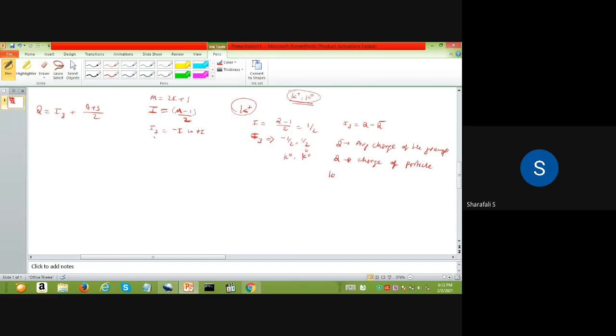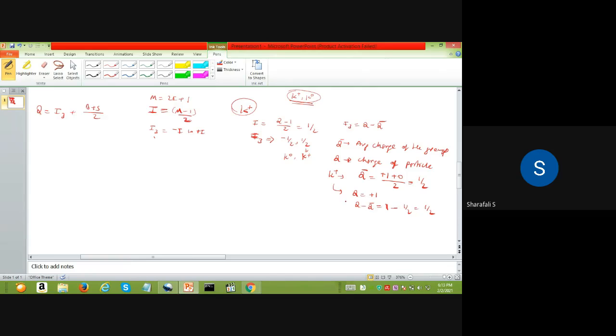So in this case, if you consider K plus, Q bar is the average charge. For K plus the charge is +1, and for K0 the charge is 0. So the average charge is (+1 plus 0) by 2, which gives 1 by 2. For K plus, Q equals +1, so Q minus Q bar is +1 minus 1 by 2, which is 1 by 2.